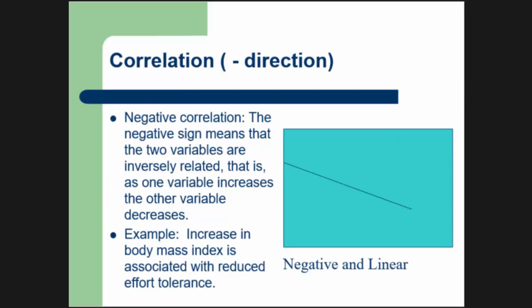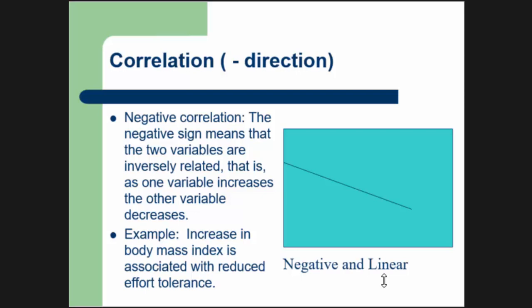Another example, direction negative. As one variable increases, the other variable decreases. For example, the bigger I am, the more reduced is my effort tolerance. Yesterday, I had to go up 4 flights of stairs. My wife needed to check the toilet of the house that she's renting to other people, and it is on the 4th floor, no lift.